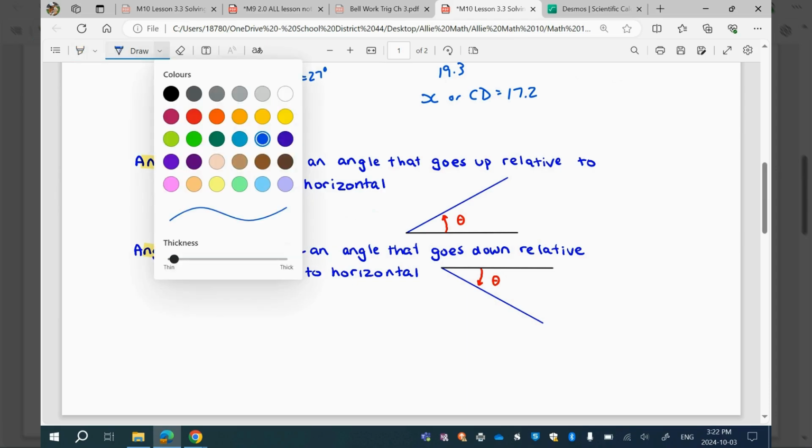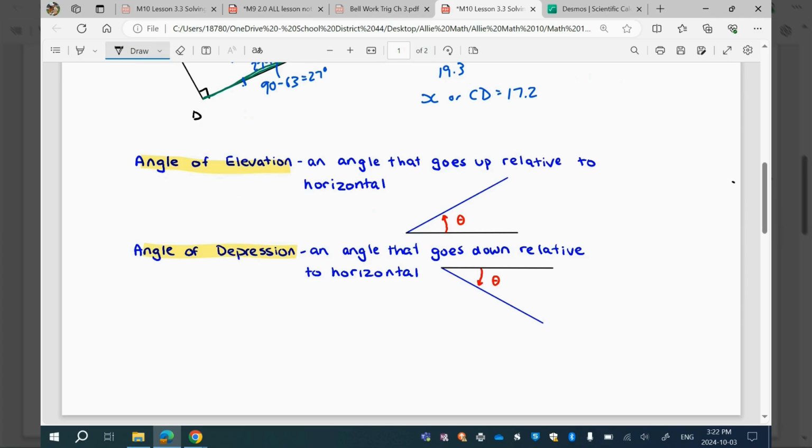This could be like a person on ground level, a person. Wow, that's an awful drawing of a person. A person looking up, and this might be like an airplane looking down. Another excellent drawing of an airplane.